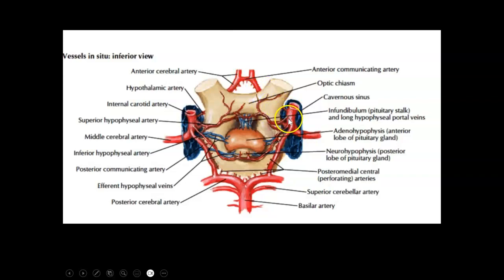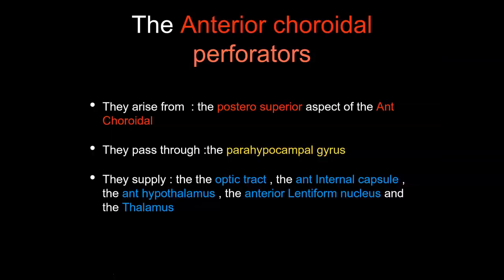So the internal carotid artery divides into the anterior cerebral and the middle cerebral, and then the posterior communicating artery joins the internal carotid artery with the posterior cerebral artery, and these are the perforators of the posterior communicating artery, and this perforated substance is called the middle perforated substance. Here is the anterior perforated substance, here is the middle perforated substance, and at the basilar tip you have the posterior perforated substance.